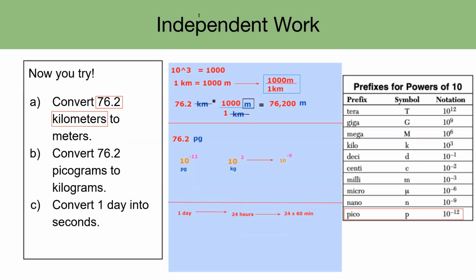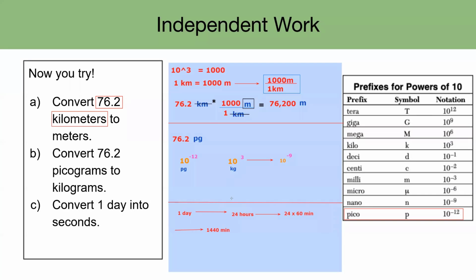And when we multiply those two together, we're going to do 24 times 60. What do you get? 24 times 60, you're going to get 1,440. And that's minutes.